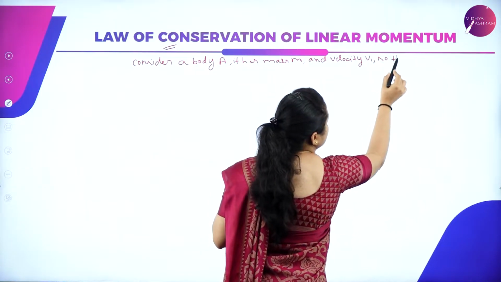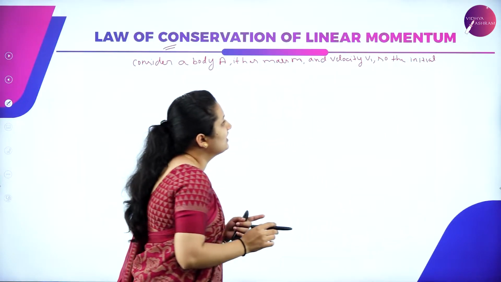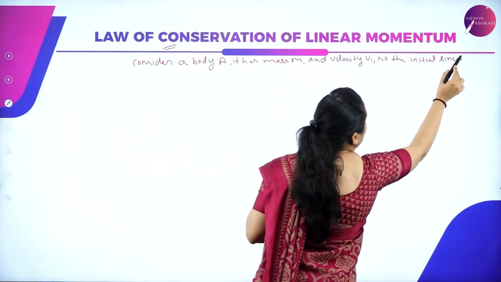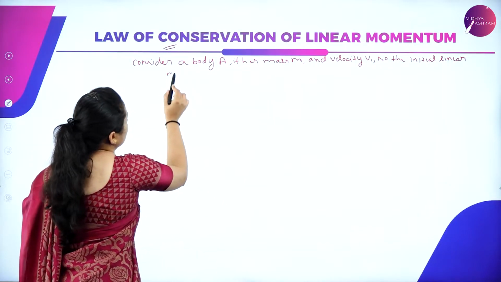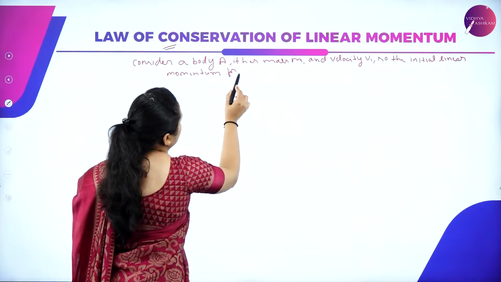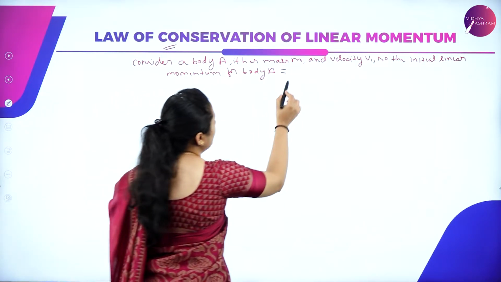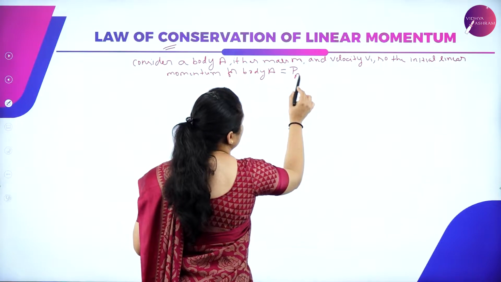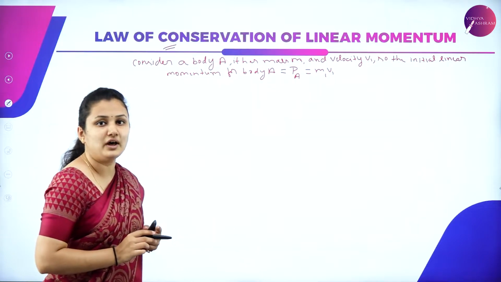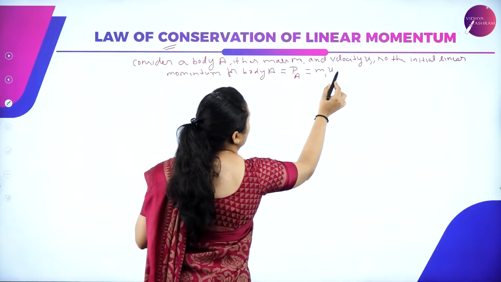So the initial linear momentum for body A, represented by PA, is equal to m1 v1. Consider the initial velocity; I initially take it as u1.